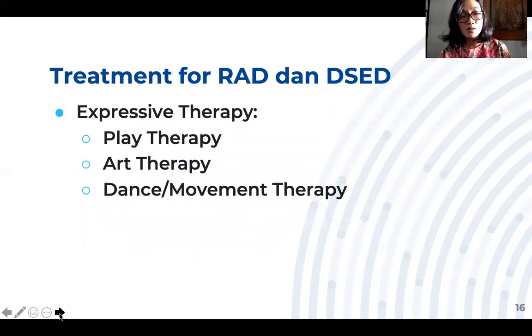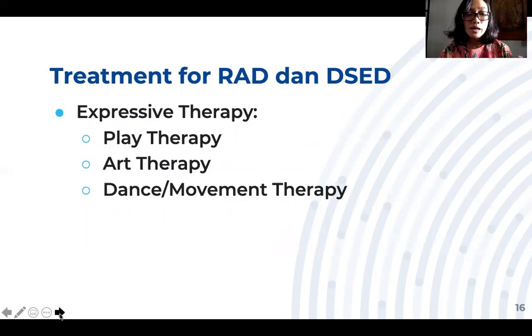All right, so the treatment for both RAD and DSED is psychotherapeutic treatment that includes the child and the family or primary caregivers in the therapeutic setting. Upon an evaluation of the child and family circumstances, an individual treatment plan is developed.